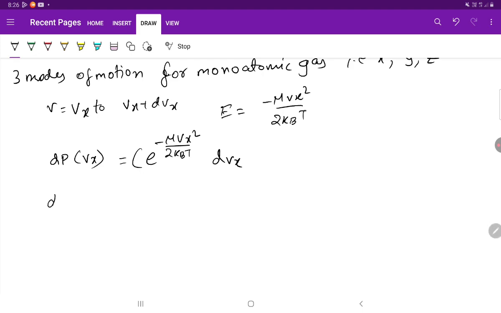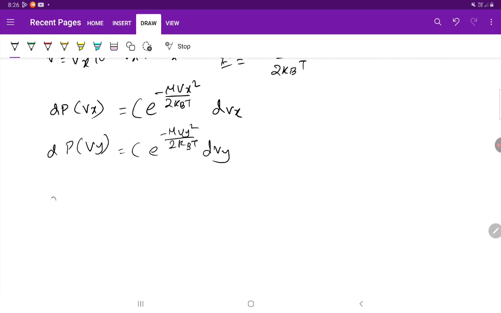That is why, in the case of vy, the normalization constant also remains the same. It will be c into e to the power minus mvy square by 2kBT into dvy. Similarly, dPvz is equal to c into e to the power minus mvz square by 2kBT into dvz. Hope you get it.